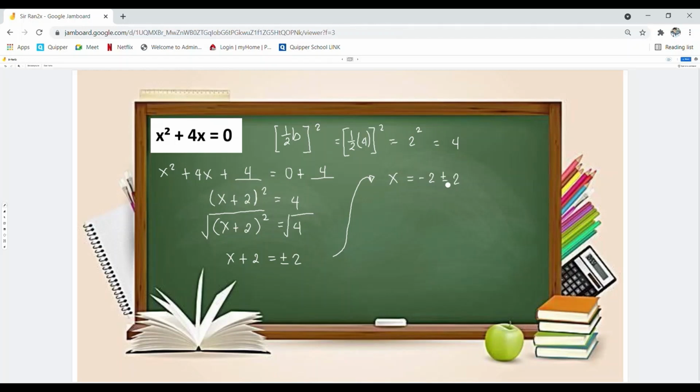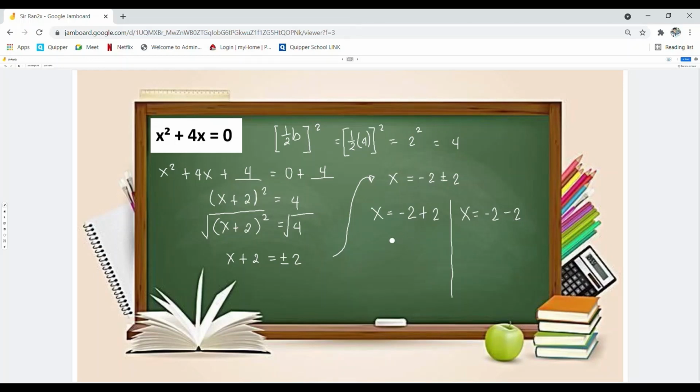Then you are going to separate the positive and negative 2 to solve for x's. So your first x is equal to negative 2 plus 2. And the other x is equal to negative 2 minus 2, because we have positive and negative.